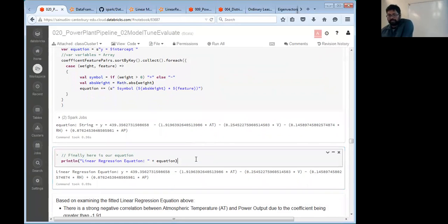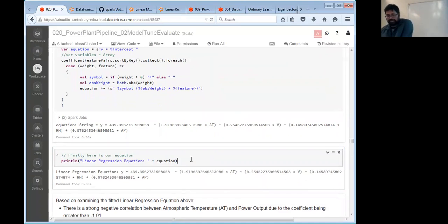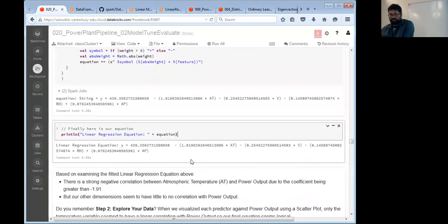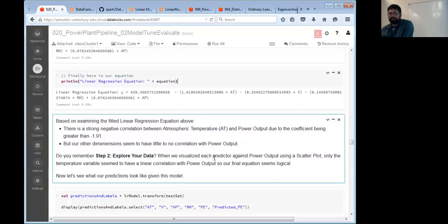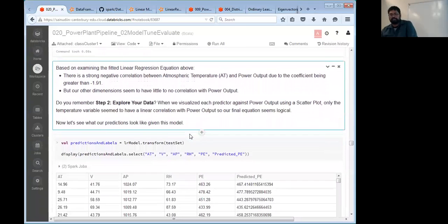So then we can just put our equation in this format that a lot of the analysts and other people can easily interpret. This is my equation as a string now. Okay. Right, so once again, the atmospheric temperature has a very strong negative correlation, so there's nothing new. It looks like the dots we saw, and the other pairwise interactions are not as strong, so we don't really see a signal of this.